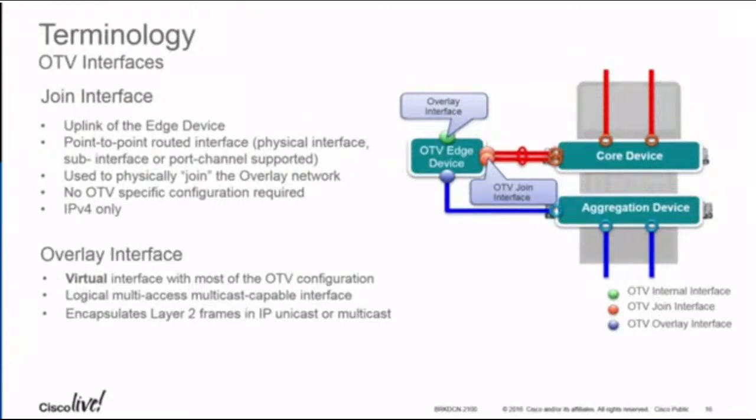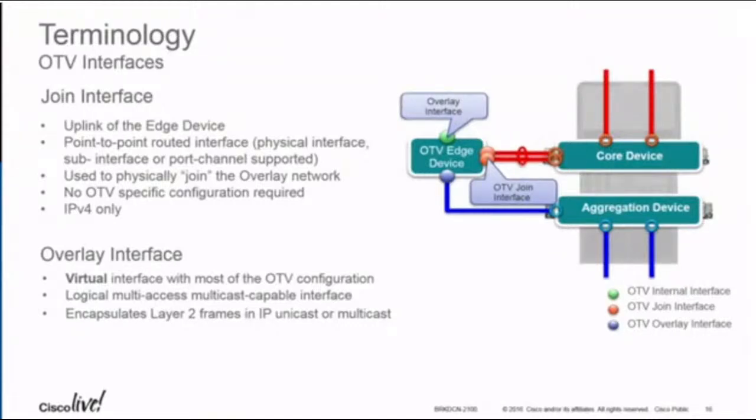Now, there are a few restrictions to the join interface. It can only be a physical interface, sub-interface, or a port channel. You might think that, okay, I can make a service instance, I can create a BDI and build OTV on top of that. It doesn't work. It has a restriction that BDIs won't work as join interface.